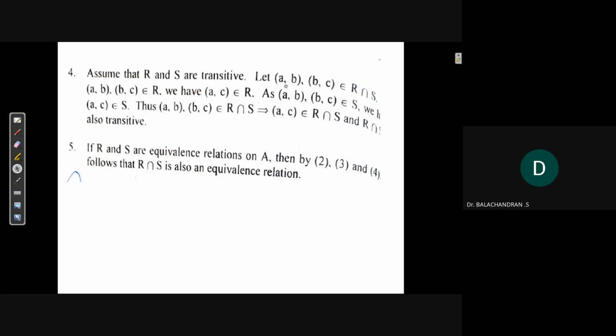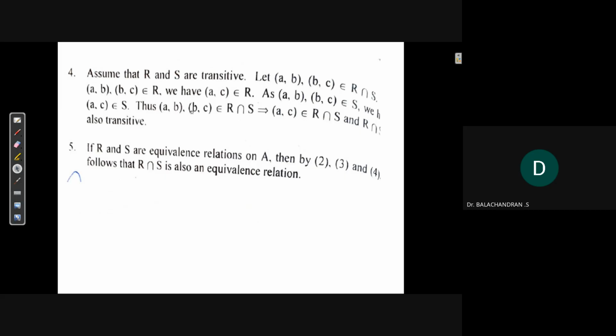For this, I'll take two elements (A, B), (B, C) in R intersection S. We should prove (A, C) is in R intersection S. So (A, B), (B, C) in R intersection S implies (A, B), (B, C) belong to R, and hence since R is transitive, (A, C) is in R. Similarly, (A, B), (B, C) are also in S. Since S is also transitive, (A, C) is in S. So (A, C) is in R and in S, meaning it is in the intersection.